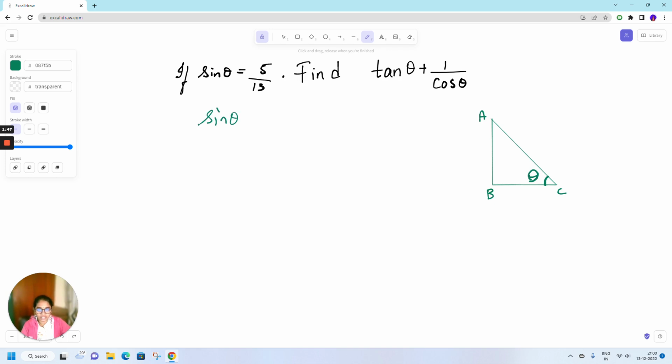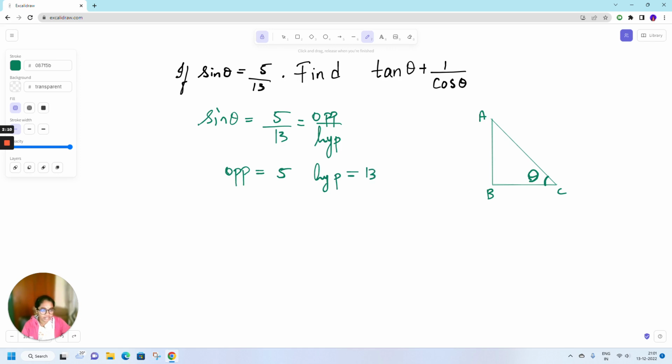They've given us sine theta is equal to 5 by 13. What is the formula for sine theta? It is opposite divided by hypotenuse. So if I equate, the value of opposite is 5 and the value of hypotenuse is 13.